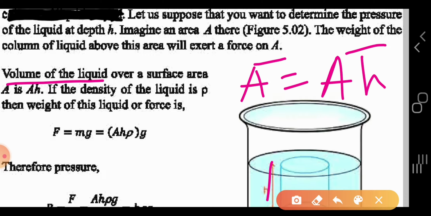If the density of the liquid is rho, then the weight of this liquid, or force, is F equal to mg, where m is Ah rho, so F is Ah rho g.